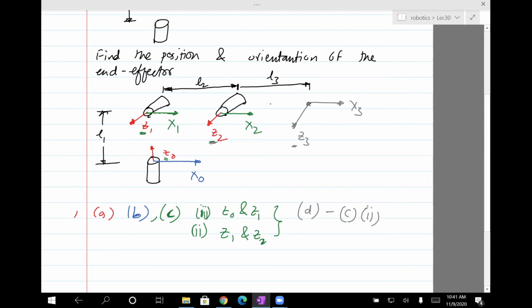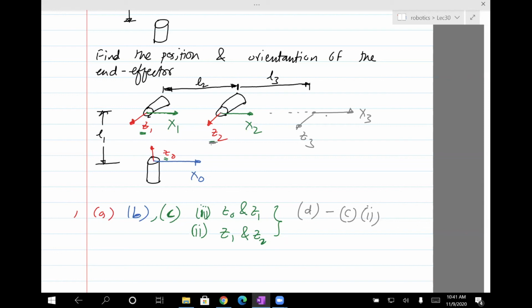Again, you could have taken X3 to be pointing towards the left, but this is a valid option to take it to the right. So left or right is the same thing. I'm just going to draw it here so that it sort of visually looks better. Sort of they are in the same line, which is what they are. Okay, so that concludes assigning coordinate frames.